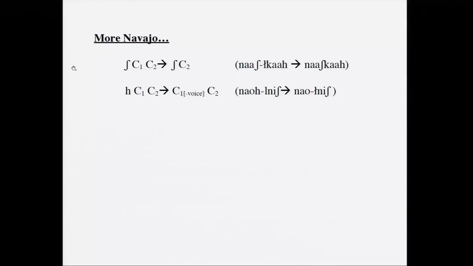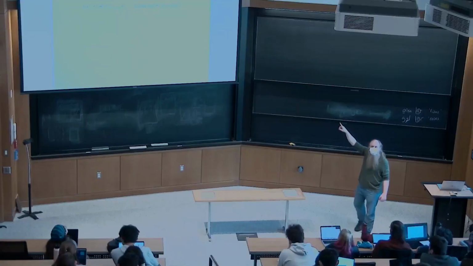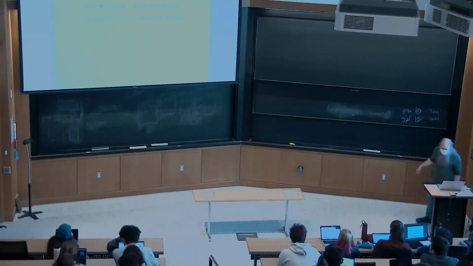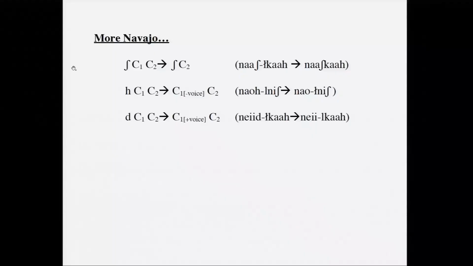So we get naoshnish. And if you have a D before two consonants, well, the D goes away, but the L that's the first consonant will become voiced. So it changes from naidka, you two are investigating it, to neilka.